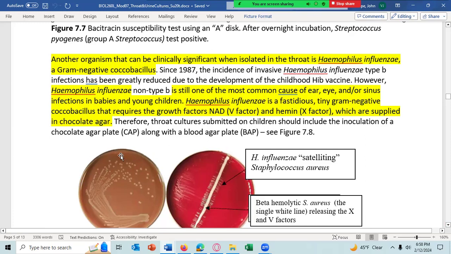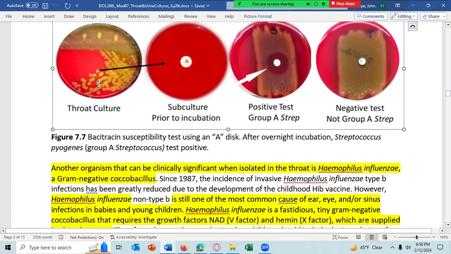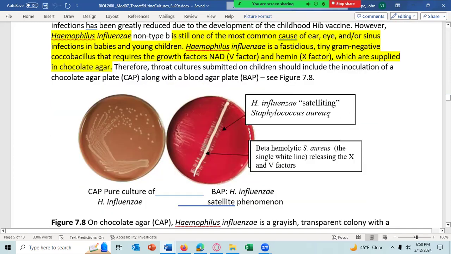The reason why is that Haemophilus influenzae does not lyse the red blood cells the way that Streptococcus pyogenes does. But you can get Haemophilus influenzae to grow on chocolate agar, and that's because the blood cells have been lysed, releasing the factors that Haemophilus influenzae requires.